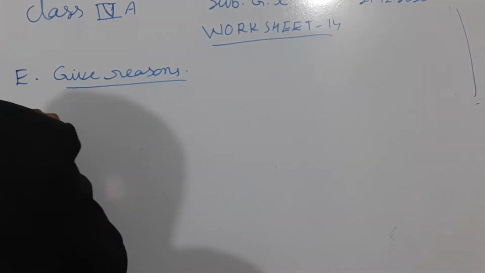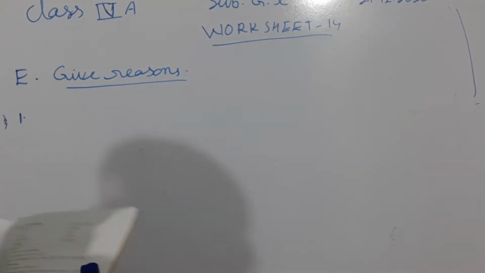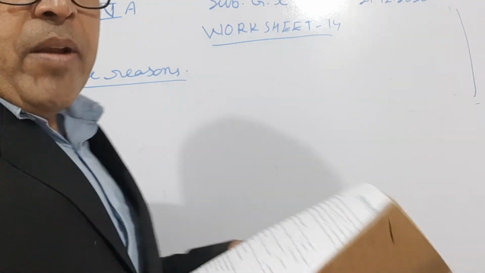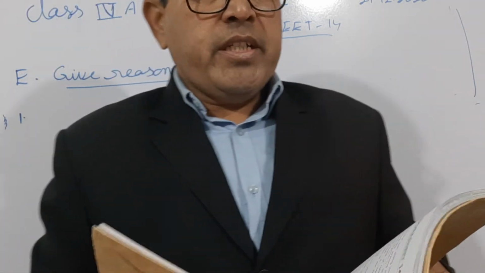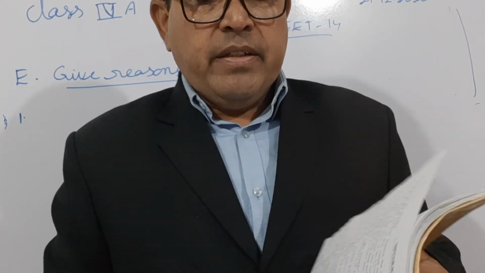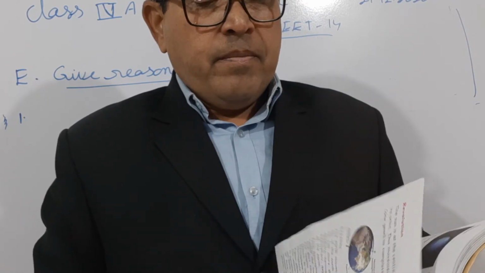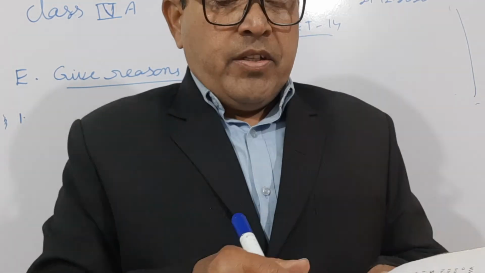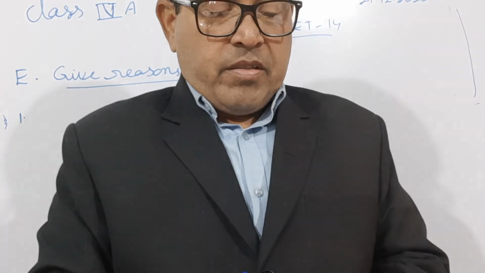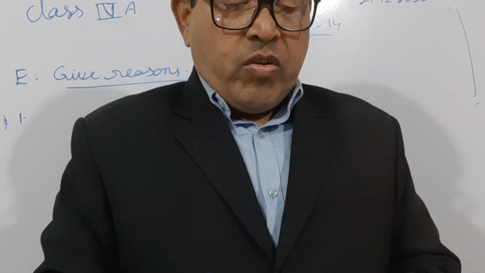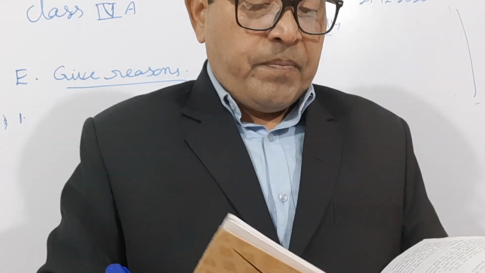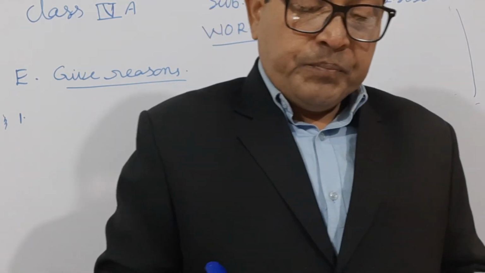In this, first, Mars is called the red planet. The question is, Mars is called the red planet. So we have to write the reason why Mars is called the red planet.